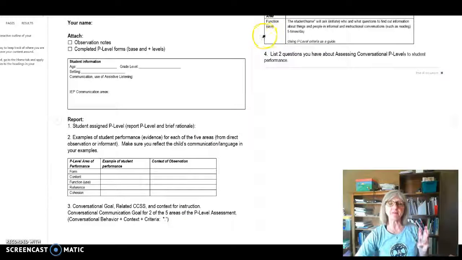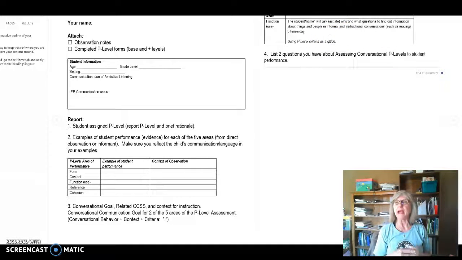In the area of function or use, here's the goal that I developed. The student, Tuli, will ask or initiate who and what questions to find out information about things and people in informal and instructional conversations, so in social and in academic. And I'm going to observe that 5 times a day.